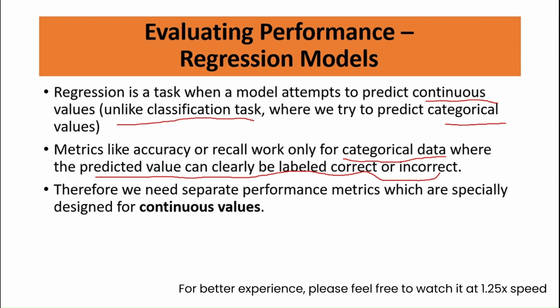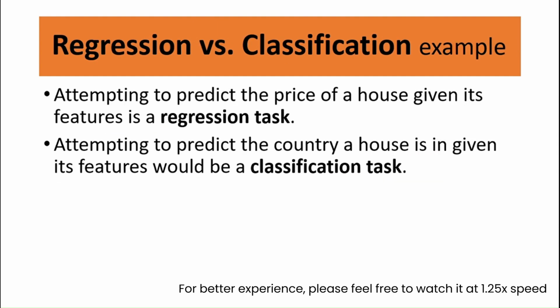Therefore, we need separate performance metrics which are specially designed for continuous values. The difference between regression and classification here is, let's say, attempting to predict the price of a house given its features is a regression task, whereas attempting to predict the country a house is in given its features would be a classification task.